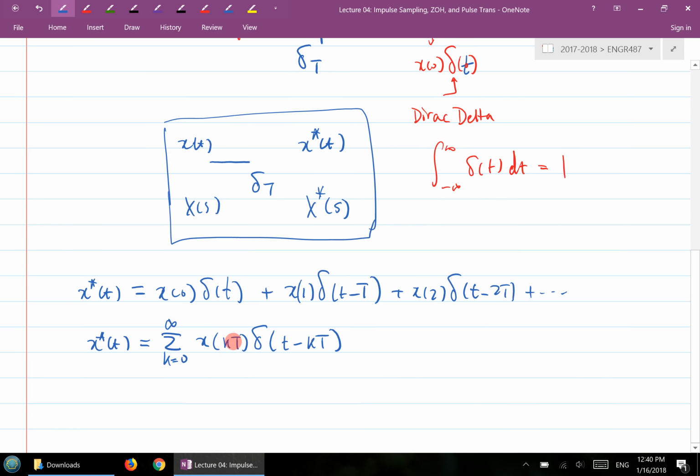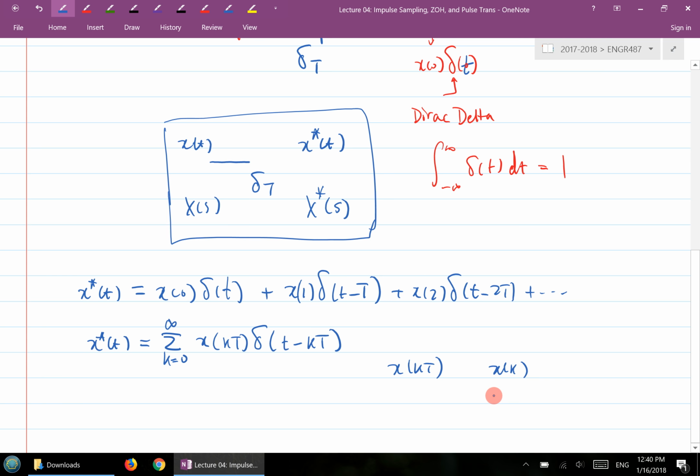Yeah. Remember in the previous lecture we mentioned you could write x of kT, or x of k, depending on how you look at these things. If you look at x of t and then x of kT, but completely disregard x of t and just look at this sequence of numbers, this is basically x of k. In a lot of senses you can consider these two equivalent.